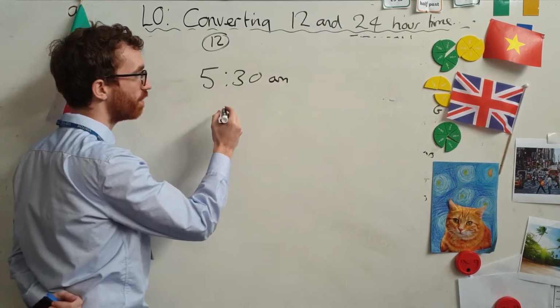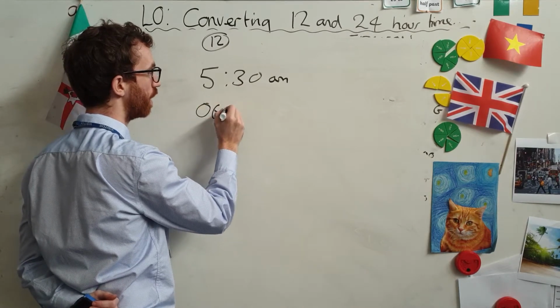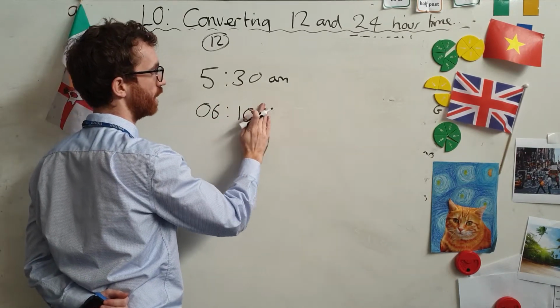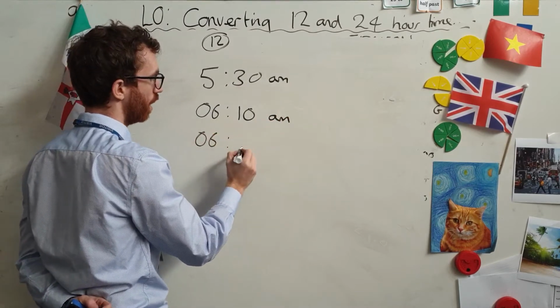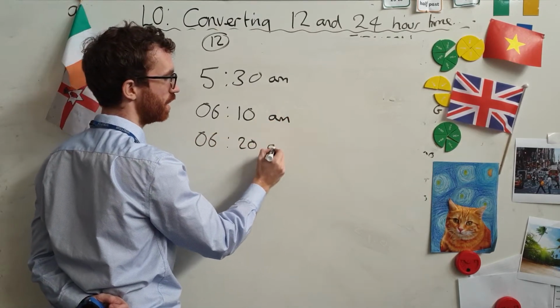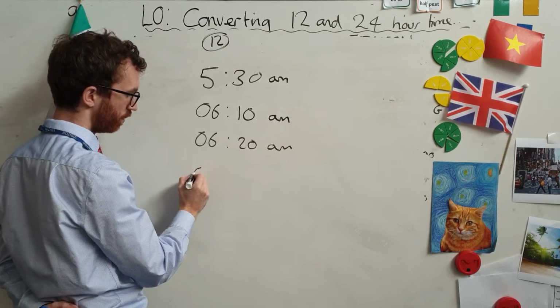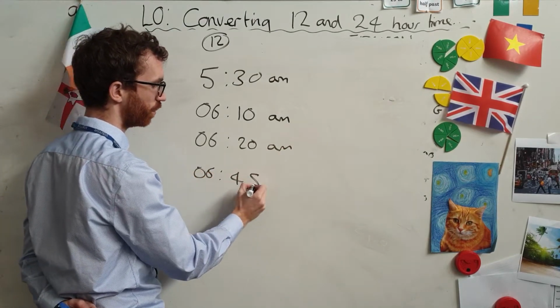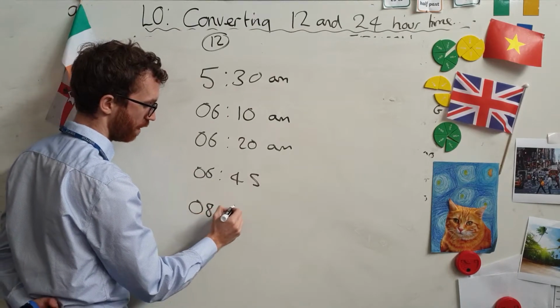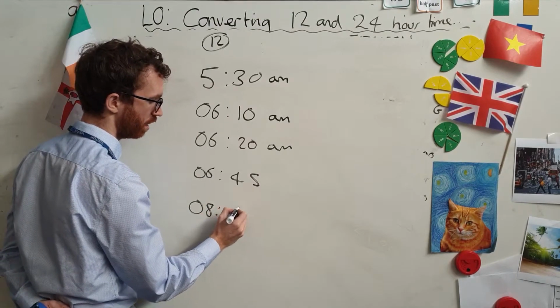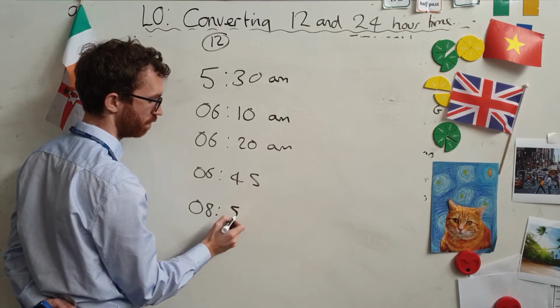I'll then get myself out of the house, I leave the house at around 6:10 a.m. I get on a bus at around 6:20 a.m. and I get to school at around 6:45 a.m. The children start to come in at around 8:50. Is it 8:50 or 8:55?